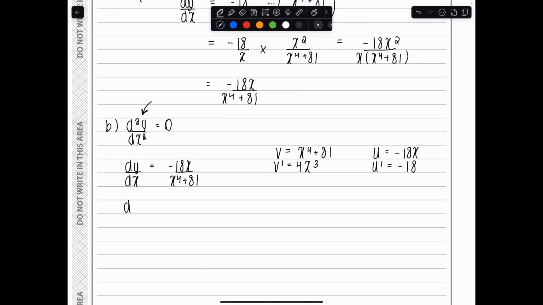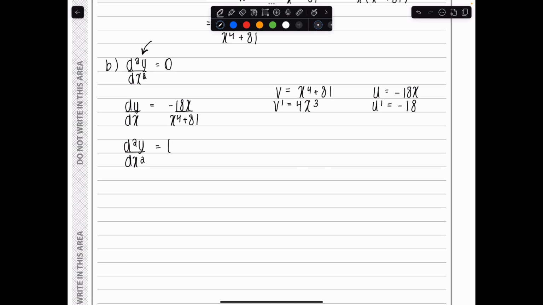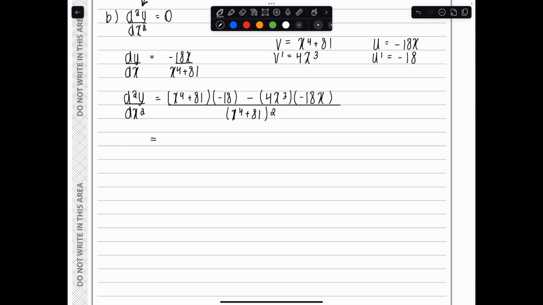So as a result, our second derivative, or our second order derivative, d squared y by dx squared, is equal to x to the 4 plus 81 multiplied by negative 18, and then we will subtract 4x to the 3, which will be multiplied with negative 18x, and all of that is over x to the 4 plus 81 squared. Now here we can simplify our numerator a bit, can't we?